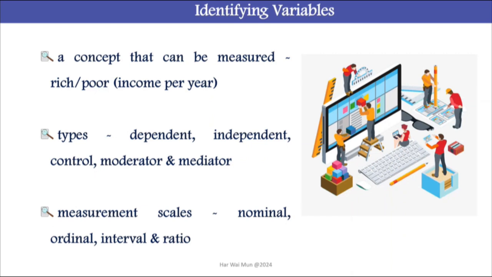Let's say number of hours of study is your X1, the independent variable. Number of hours of study is independent, right? Your result, your CGPA, is the dependent variable, your Y. It means your result depends on how many hours you study. Correct?